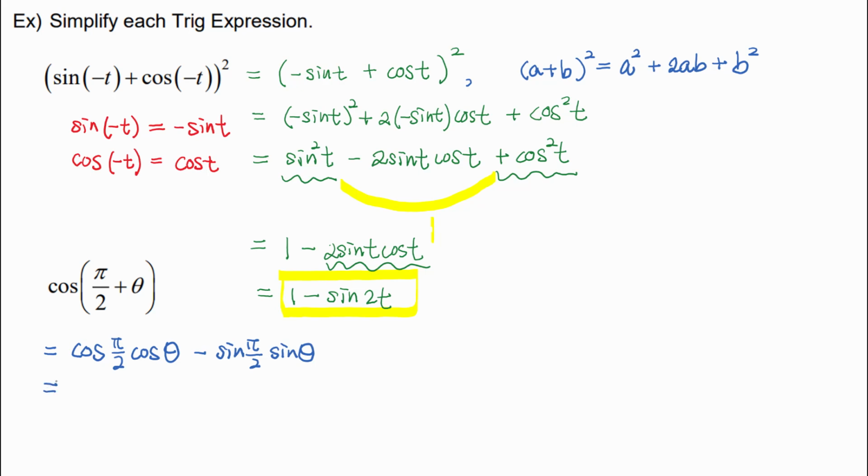Then what's the cosine of pi over 2? 0, times cosine theta, minus, what's sine of pi over 2? 1. That's right, times sine theta. Now 0 times cosine theta is 0, so you get negative sine theta. And that's the answer.